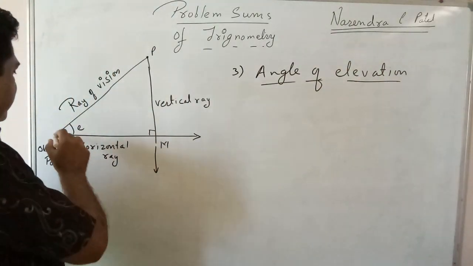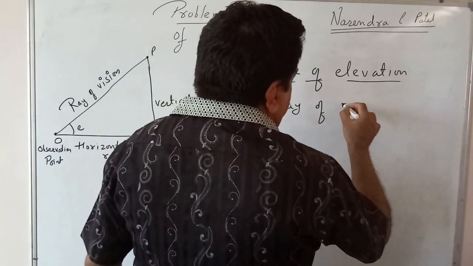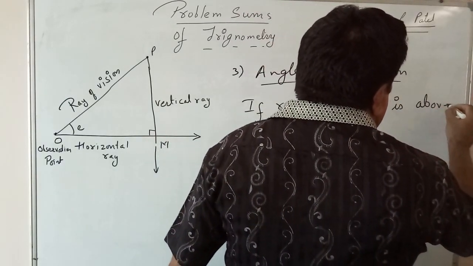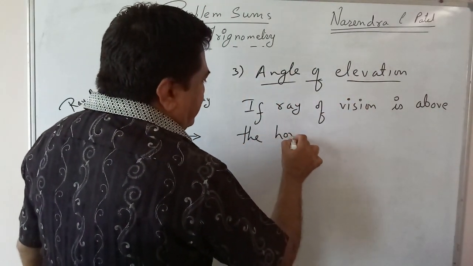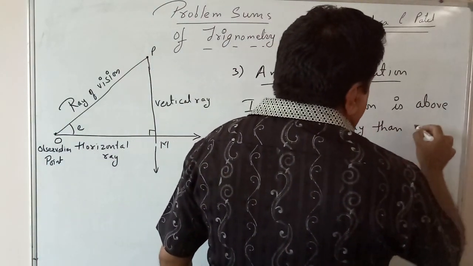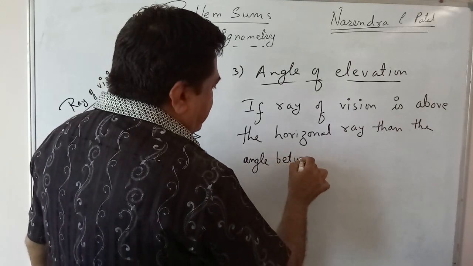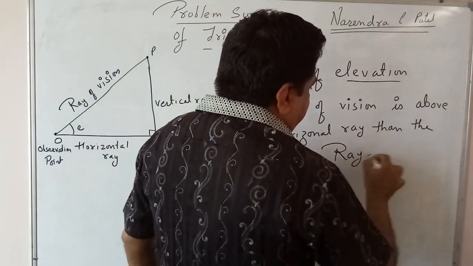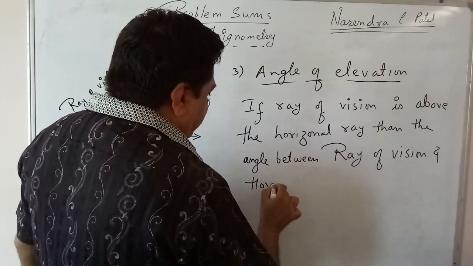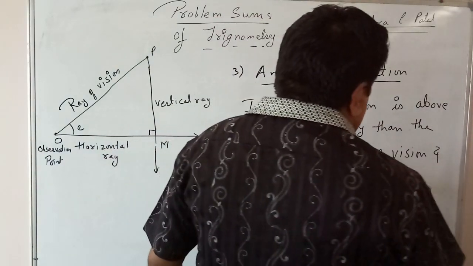You should learn: if the ray of vision is above the horizontal ray, then the angle between the ray of vision and the horizontal ray is the angle of elevation.